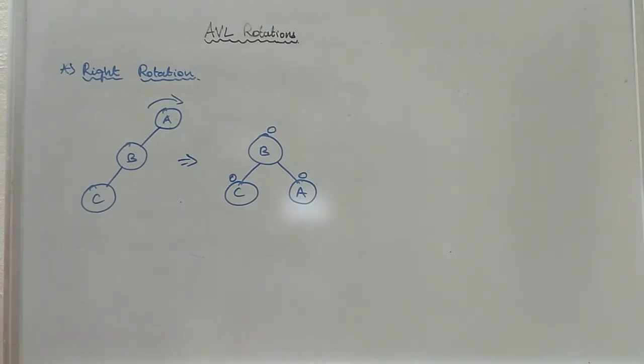The next types of rotations are left-right rotations and right-left rotations. But please notice one thing: it can be a left rotation or a right rotation, and we are rotating only once. That's why it is called a single rotation.